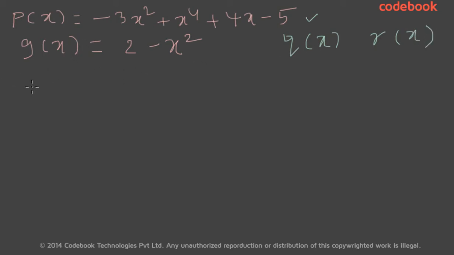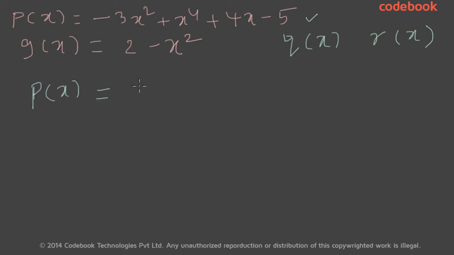So the first step is to arrange the terms of the two polynomials p of x and g of x in decreasing powers of x. So let's look at p of x. Are these terms in decreasing powers of x? The power of the first term is 2 and the power of the second term is 4. So this is not in the order of decreasing powers of x. Actually the powers are increasing. So you have to reshuffle the terms.